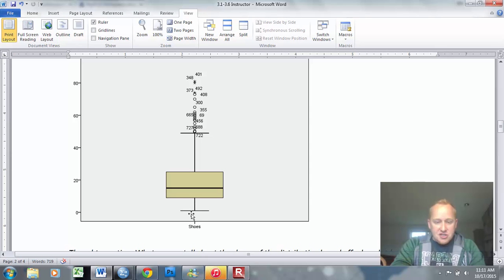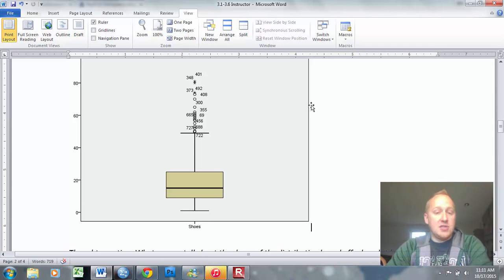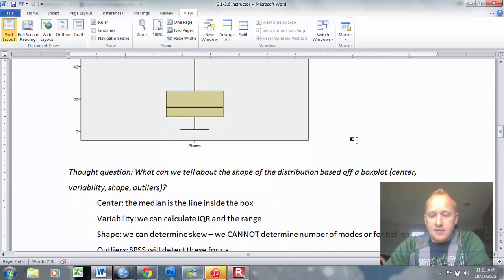So there's just as much data in this little range as there is in this whole range right here. So much less dense up here than it is down here. These data values are much more spread out, and this graph is skewed to the right. It's skewed towards the higher values.